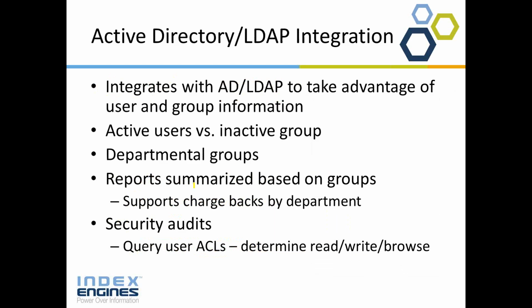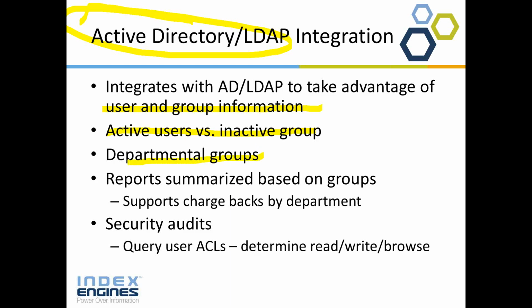A very unique differentiator of the Catalyst product is that it integrates with Active Directory. By integrating with Active Directory, you can look at the user and group information inside Active Directory to make profiles and reports. So you can look at things like active users versus inactive users. When an employee leaves the organization and becomes an inactive user, you can say, show me all data owned by inactive users or ex-employees.